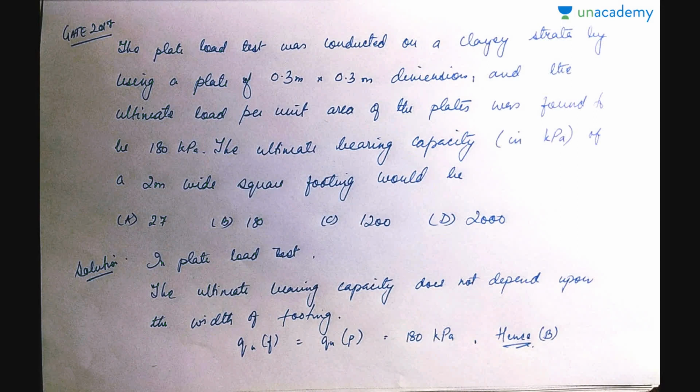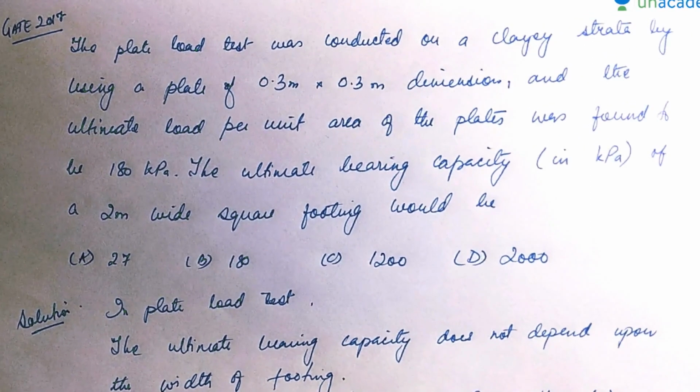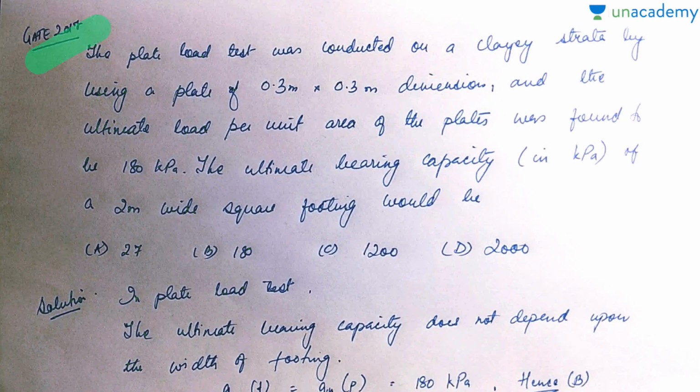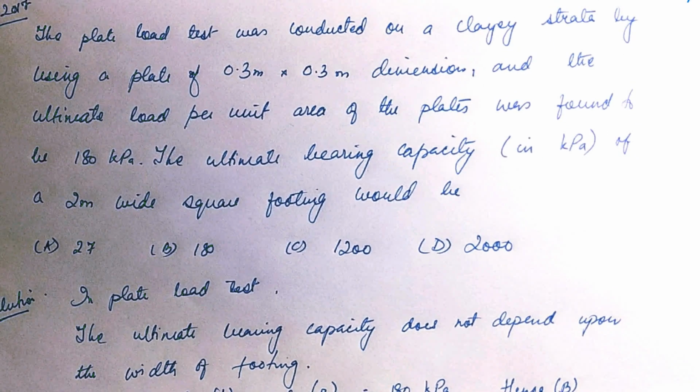I've seen a question which appeared from this portion in GATE 2017. It says that a plate load test was conducted on a clay strata by using a plate of 0.3 meter cross 0.3 meter dimension, and the ultimate load per unit area of the plate was found to be 180 kPa.